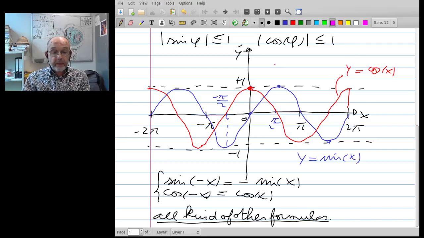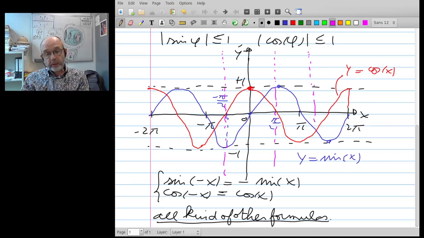Then the tangent, now near pi divided by 2, you have the sine divided by the cosine. So if the cosine becomes 0, you get problems.